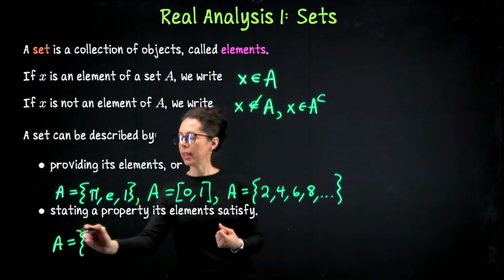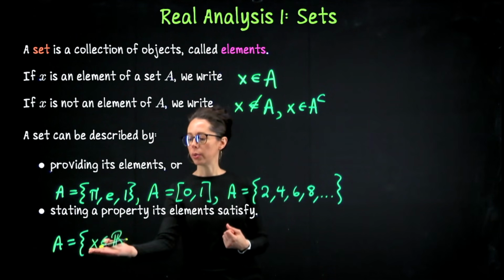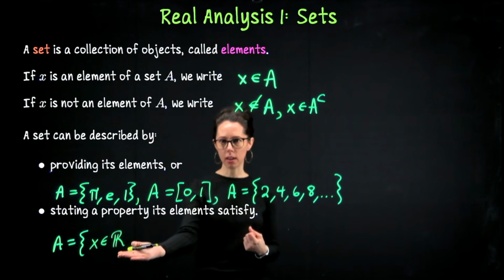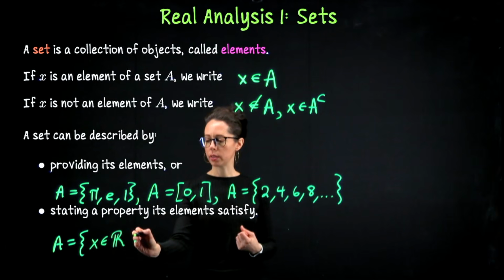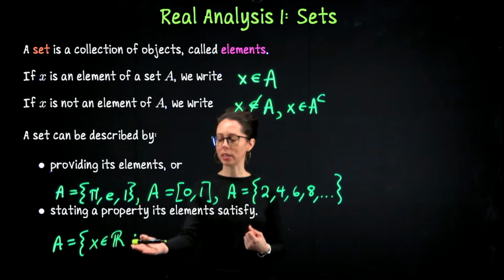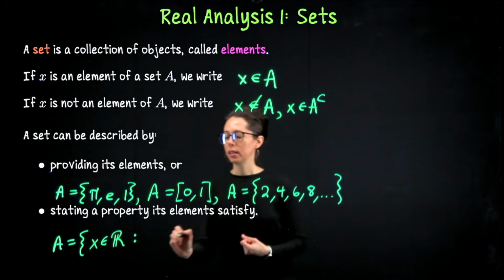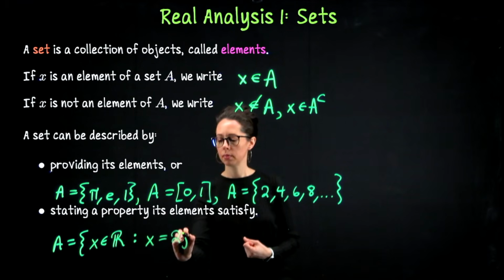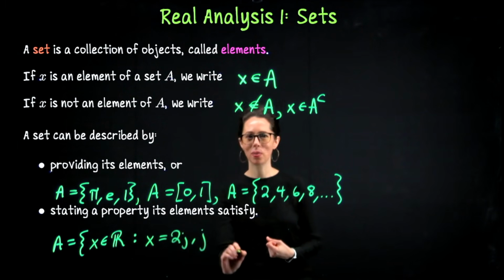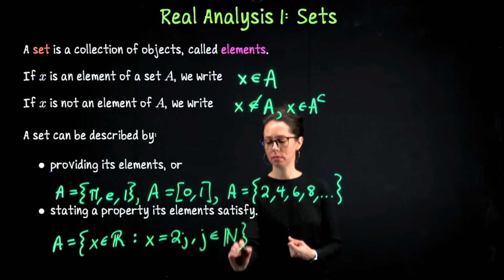So I'm going to say A is the set of elements which are real numbers. So here x is an element of the set of real numbers such that, so this colon here is telling me I'm about to tell you what x has to satisfy to belong to A. x equals 2j, where j is what's called a natural number.